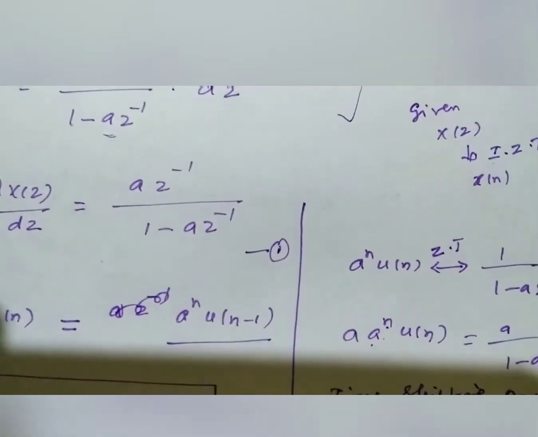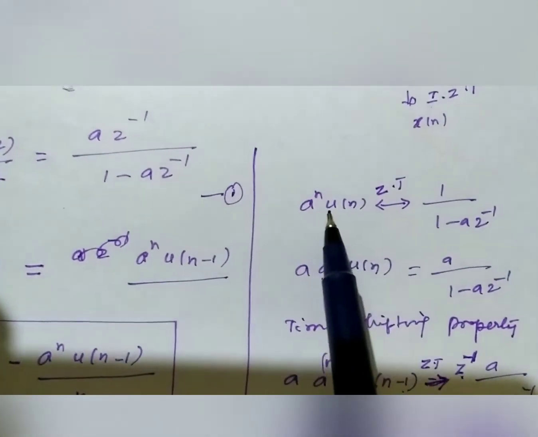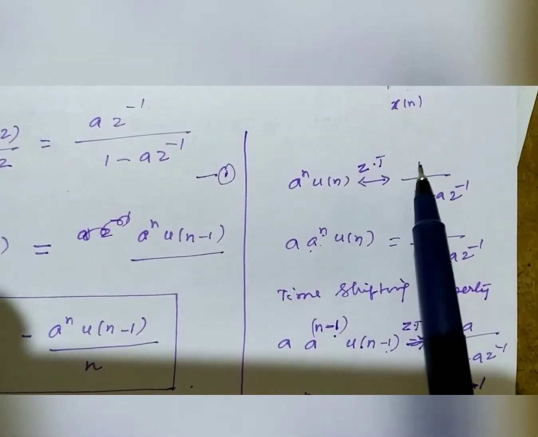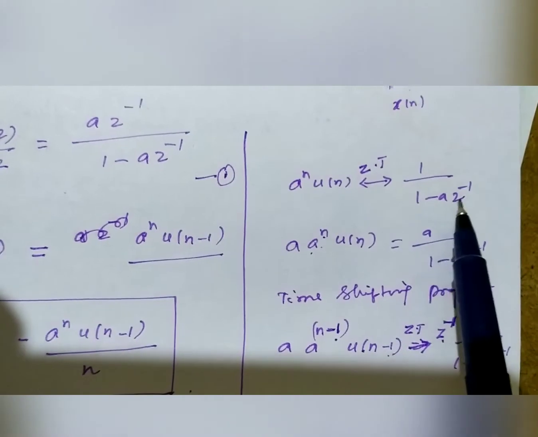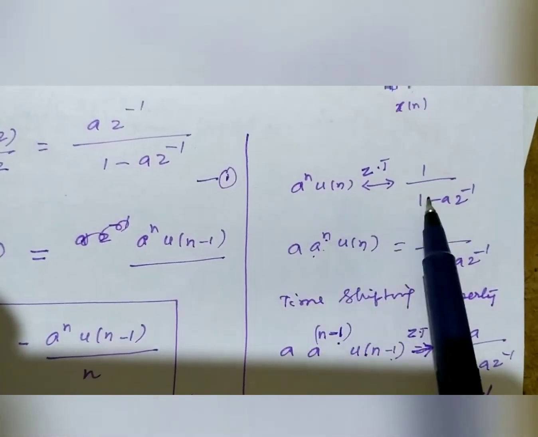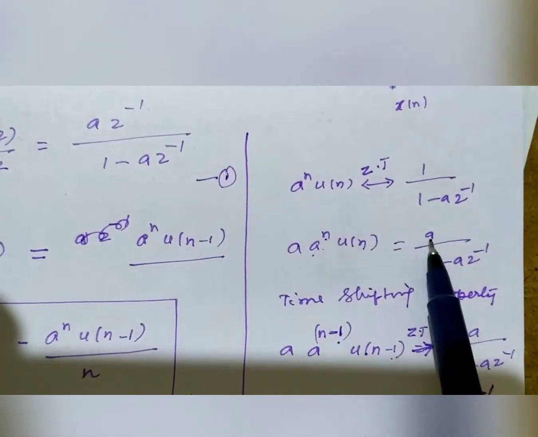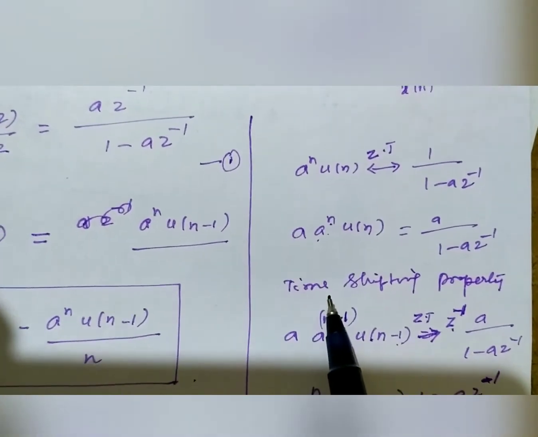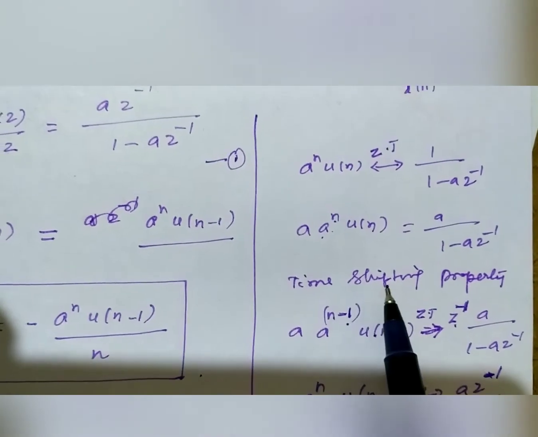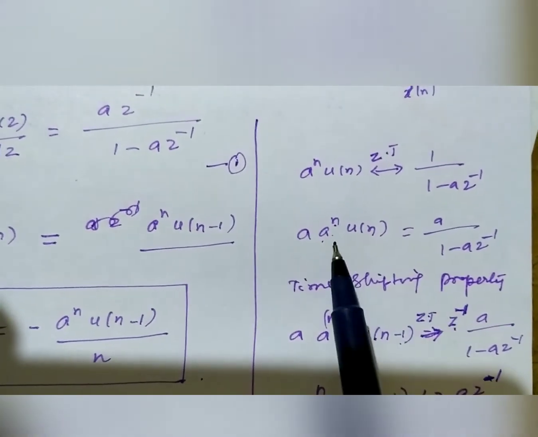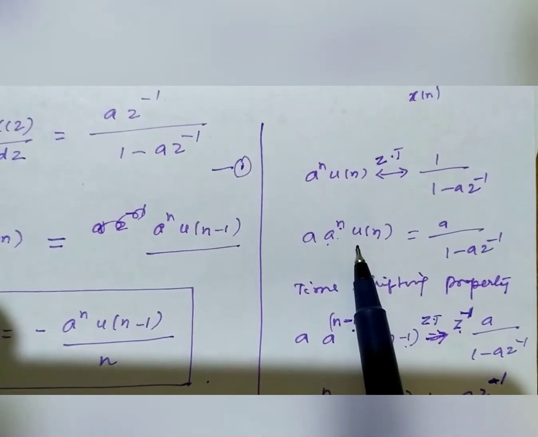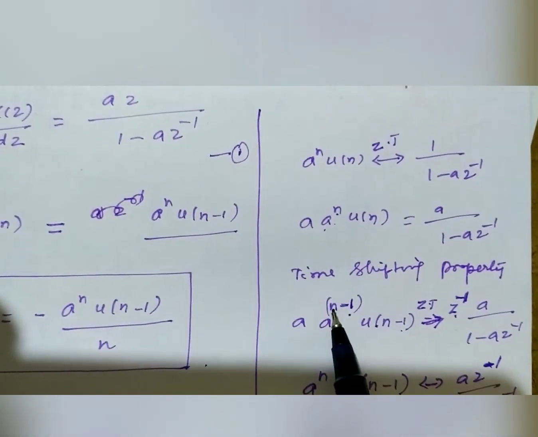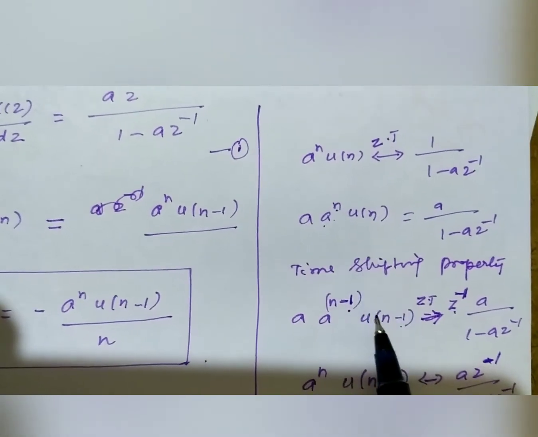Now we have a basic signal, a^n u(n), whose z transform is 1 over 1 minus a z inverse. Multiply both sides by a. Now we have the famous time shifting property. This is a discrete signal; if you delay it by 1 unit, that is a^(n-1) u(n-1), it is multiplied by z^(-1).